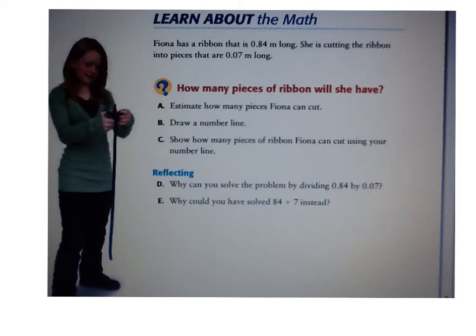Okay, another way to think about this is read this question from your textbook. So Fiona has a ribbon that is 0.84 meters long, and she's cutting the ribbon into pieces that are 0.07 meters long. So let's just kind of draw this out and see how this question can make sense.